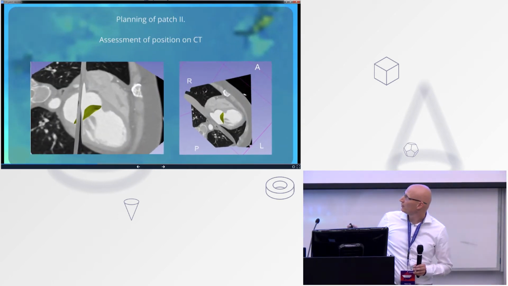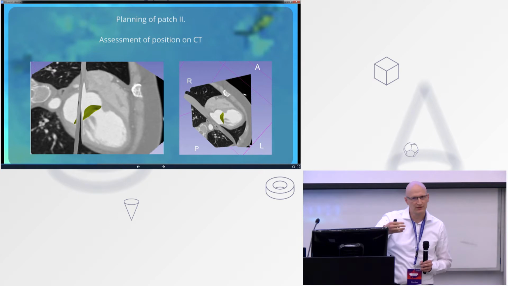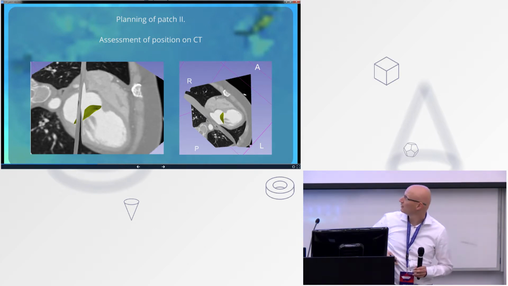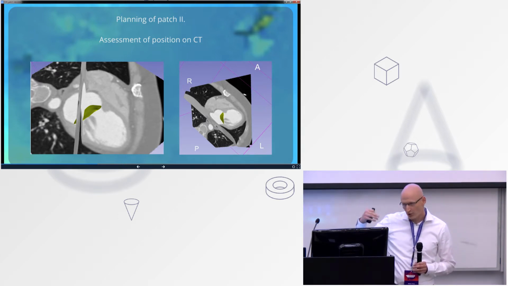And then we started to analyze the predictive functionality of this left ventricle with the given scenarios of the patches. Firstly, the patch morphologies were imaged on CT of the patient, of course in systole and diastole.